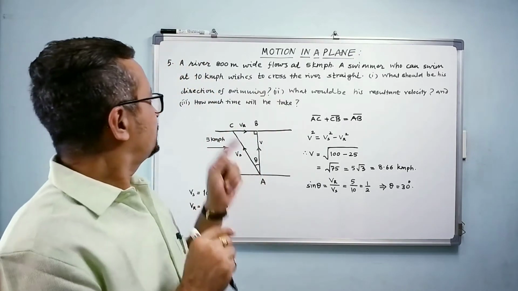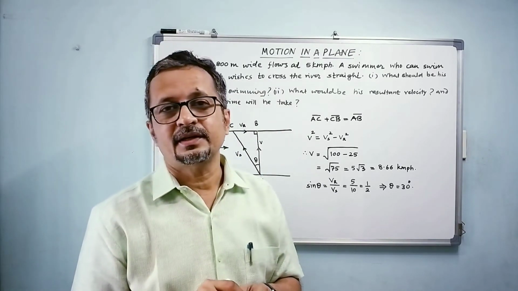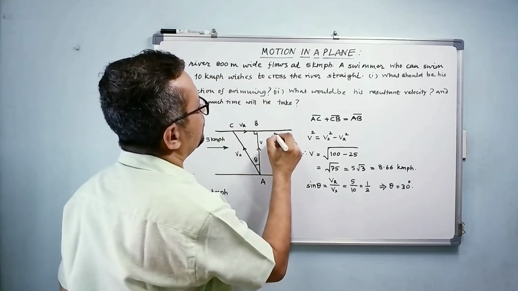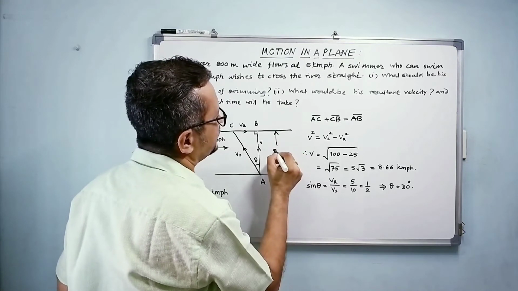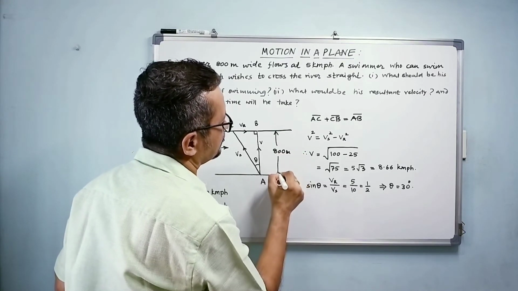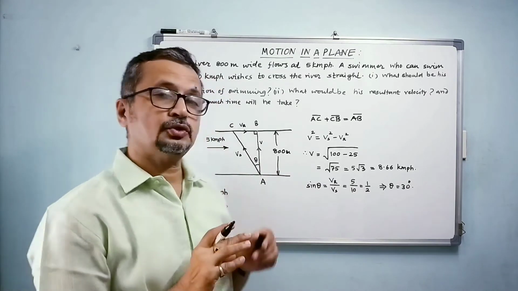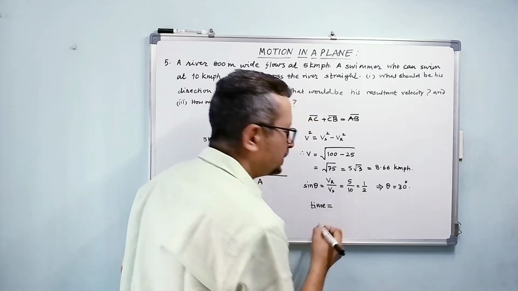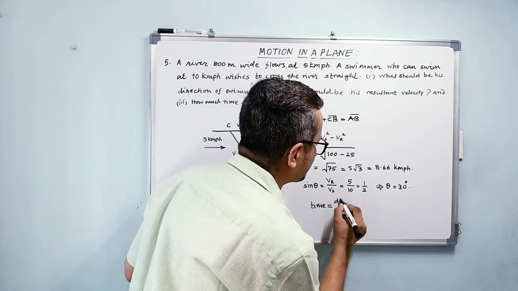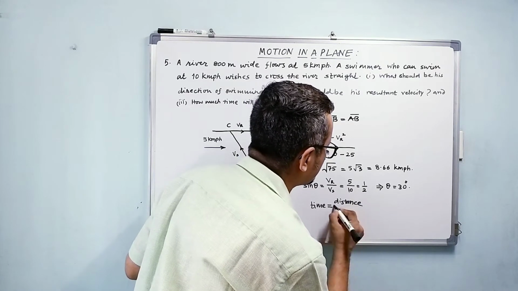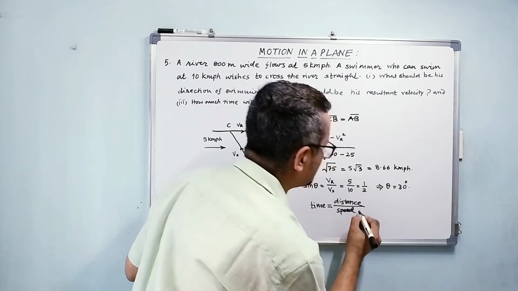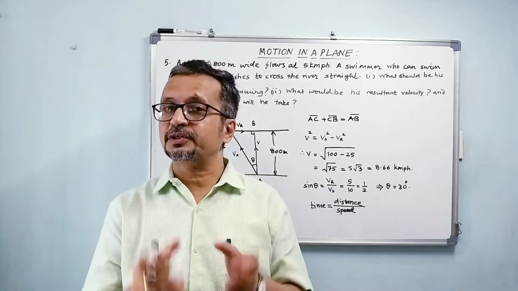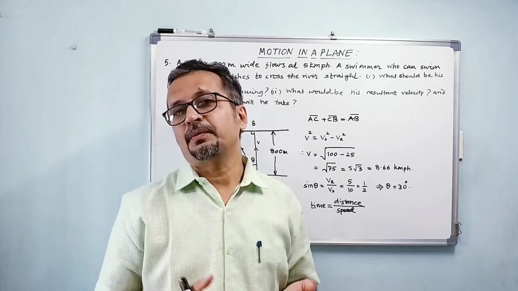What about the third point? Now here how much time will he take? For this you need the distance, and they have already stated right in the beginning that width of the river is 800 meter, correct? So my time is equal to distance upon speed. Now here I'll be taking the effective speed which we calculated here. That speed is in kilometer per hour, which we need to convert into meter per second.